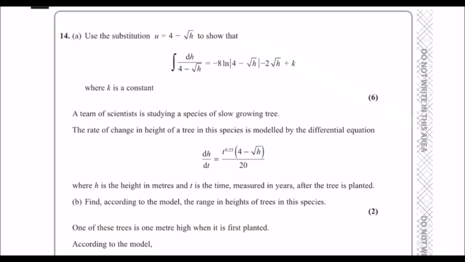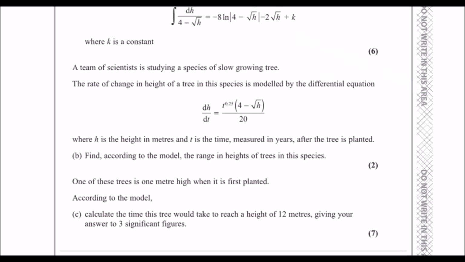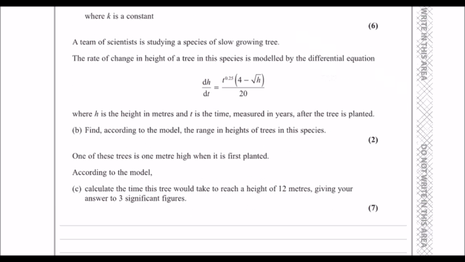Question 14. So use the substitution u equals 4 minus root h to show that the integral of dh over 4 minus root h is equal to this. So it's been given to us in an unusual format.